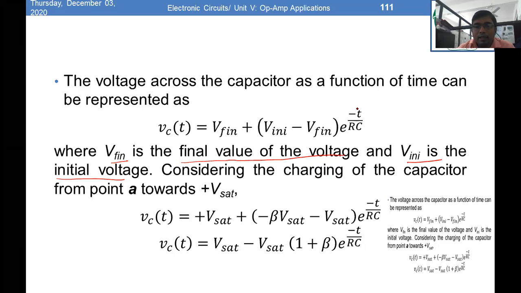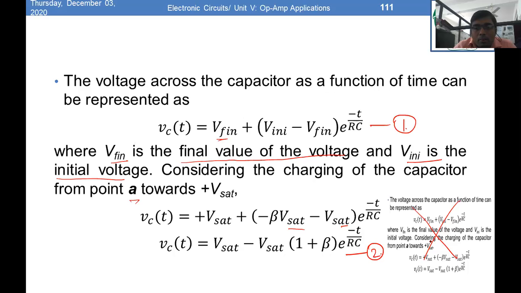So considering the charging and discharging of this capacitor from the point A towards plus Vset, you can rewrite the equation as Vc(t) is equal to plus Vset plus, the voltage across the capacitor is initially minus beta Vset, then minus the final voltage plus Vset, e raised to the power minus t upon RC, which could be further deduced as Vc(t) is equal to Vset minus, taking Vset common, (1 plus beta) e raised to the power minus t upon RC. This is equation number 2.